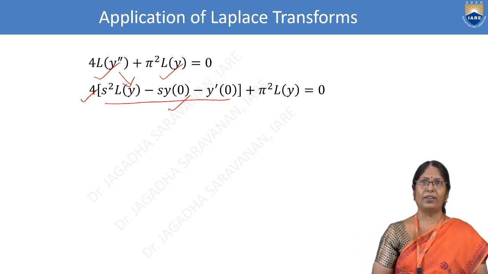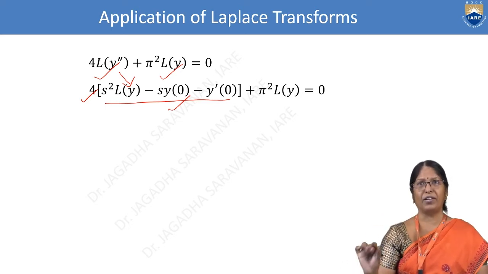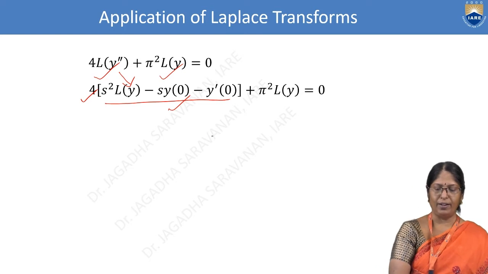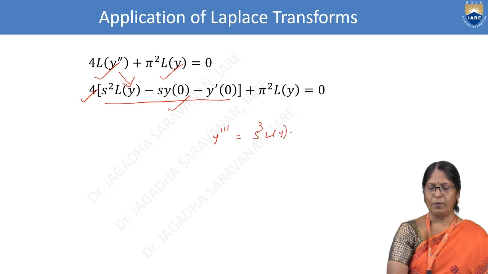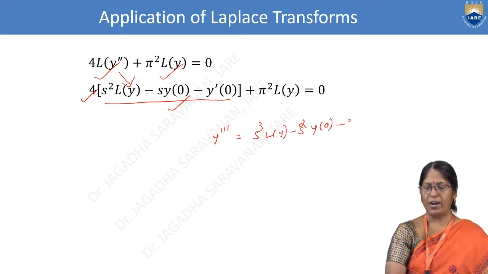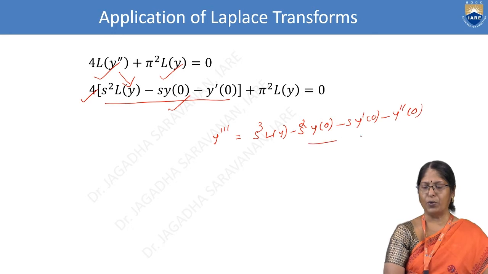In case instead of y double dash it is y triple dash, then it is s cube L of y minus s square y of 0 minus s y dash of 0 minus y double dash of 0.